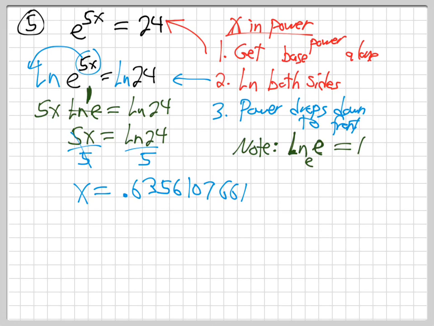Okay, let's try another one like that. Number 6 is very much the same. e to the 2x plus 1 power is 35. So x in power. How do we solve for x in power?